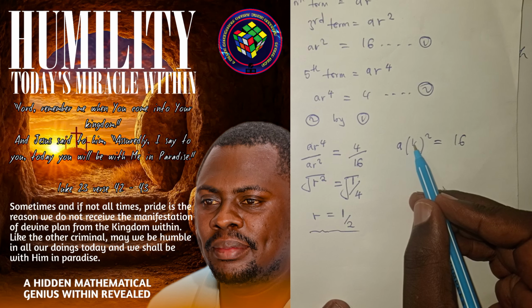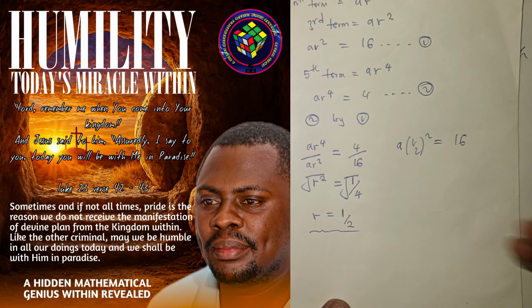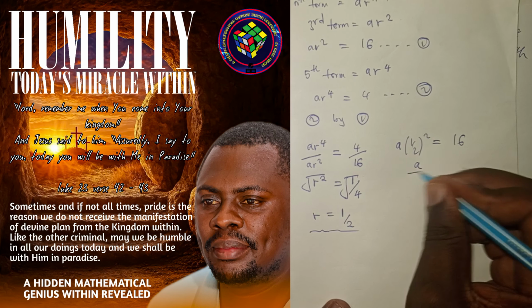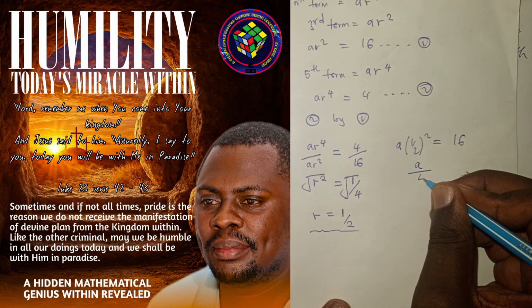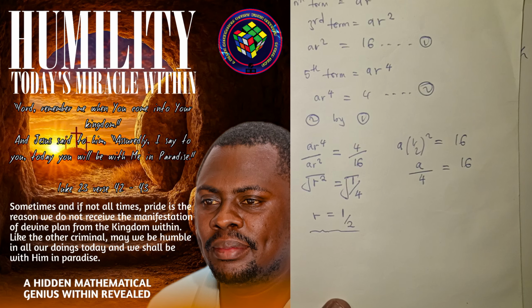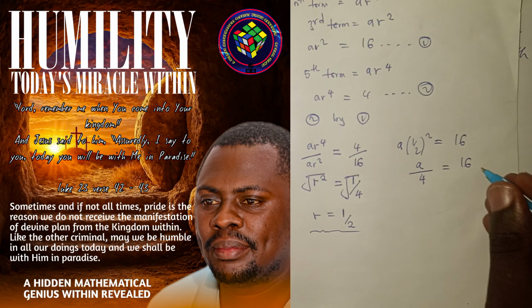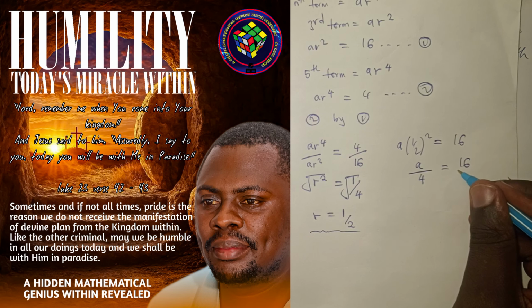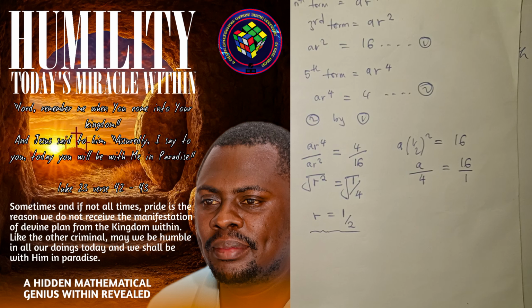Here 1 squared is 1 times a, you get a, over 2 squared is 4, equal to 16. Since here we have a fraction, this side can be a fraction too, so you say over 1. Then we can cross multiply.